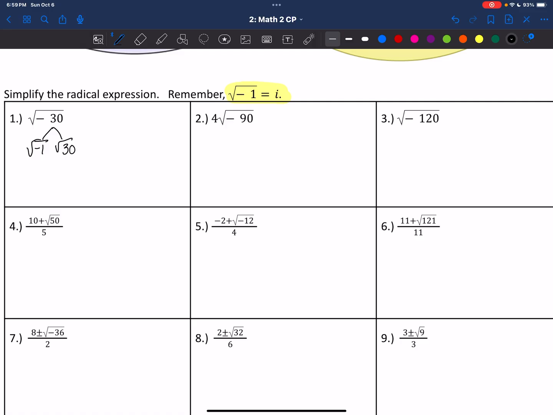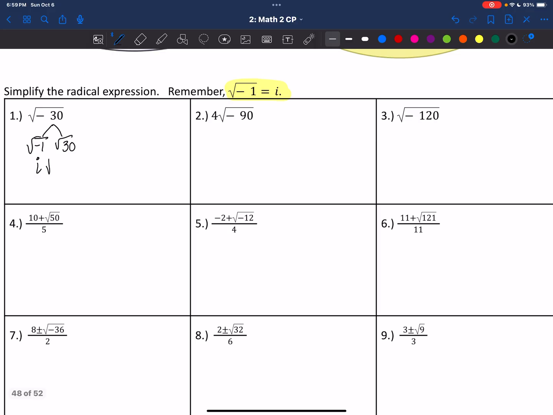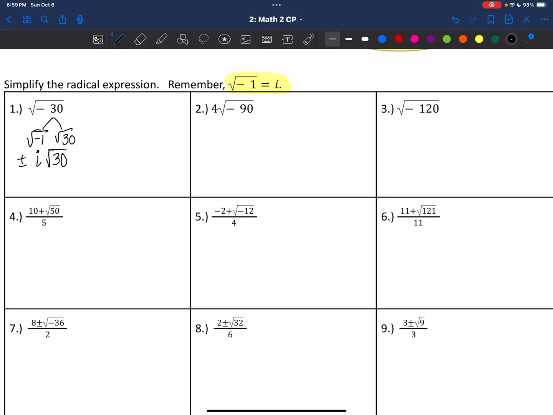So we separated that, and -1 we said we can rewrite as i. And then square root of 30 can't be simplified anymore, so it's just root 30. Now we always like to write plus or minus whenever we're dealing with radicals, because it could be either option. And that's it. That's your answer: root -30 is plus or minus i times root 30.